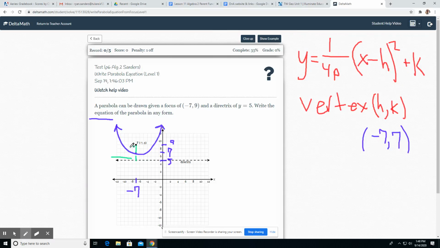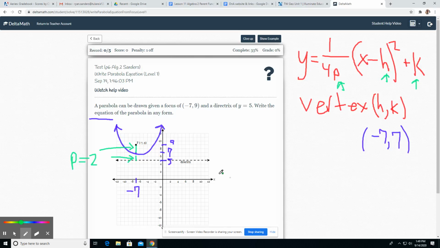Remember, it's the same. So p is equal to, how much was it? It was 2. We just talked about that. So that's everything we need. We need our p. We got our p, we got our h, and we got our k. Now we just go ahead and plug everything into the formula.